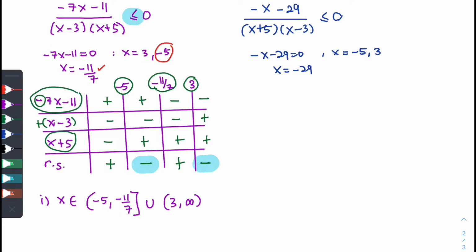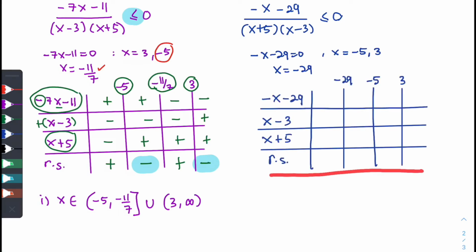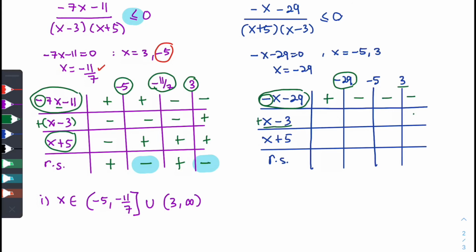Now, do the same thing for the second part table. So you're going to have this table. Now let's look at the first factor. For -x - 29, you have a negative here, meaning after the zero, -29, you have a negative sign, and before that you have positive. Then x - 3, the zero is 3, because you have a positive here, positive after 3, negative before it.